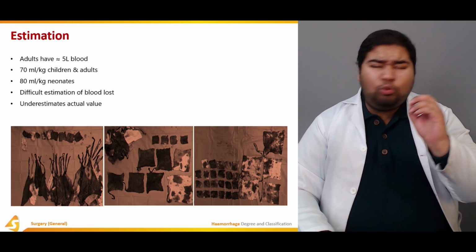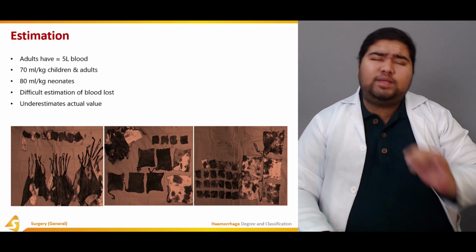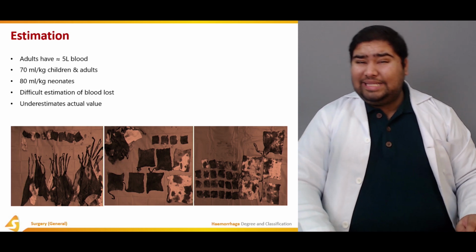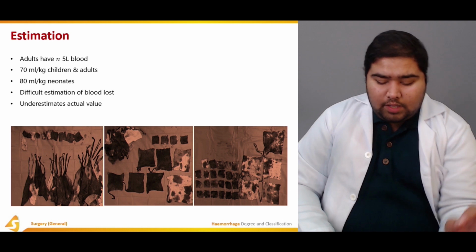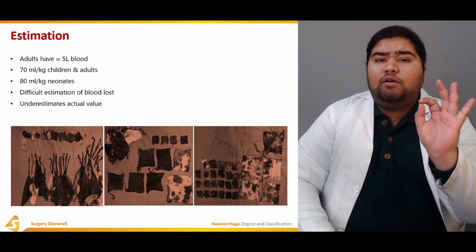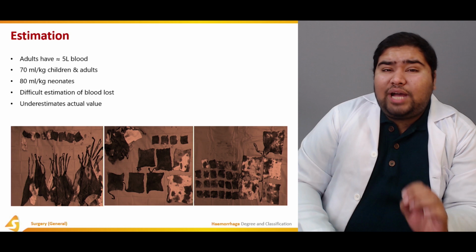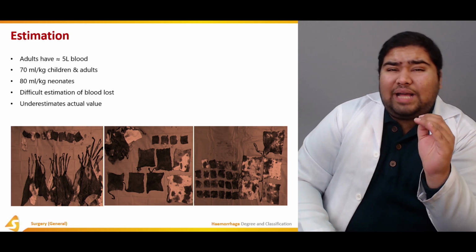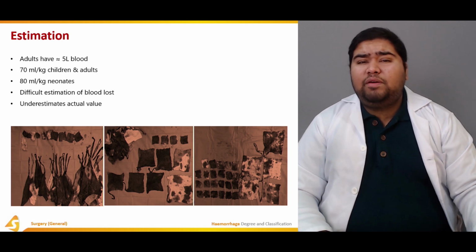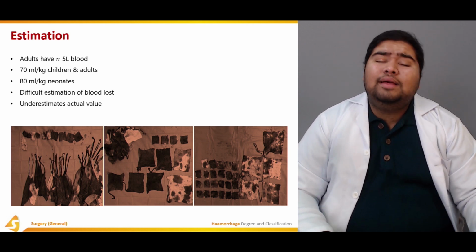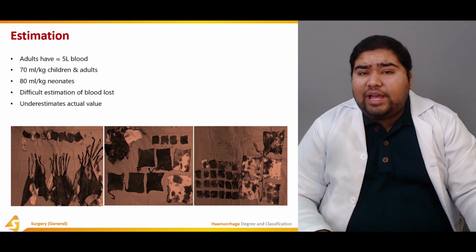So whatever your estimate may be, it is always underestimated. What does that statement mean? Estimated, underestimated. So keep that in mind. Whenever you estimate bleeding, try to overestimate it. Why is that? Because a lot of bleeding has occurred before. You have not seen it; the bleeding did not start right in front of you.